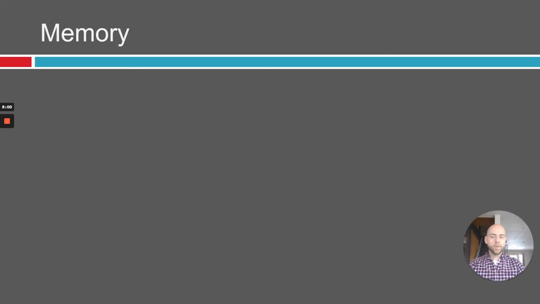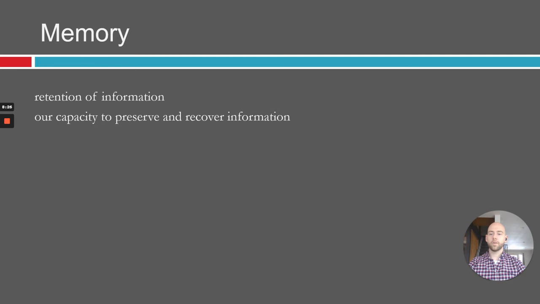So with that, why don't we turn to actually talking about the nuts and bolts of the topic at hand. Let's talk about memory. We can think about a couple different ways we might define memory. And, like usual, there are a lot of ways you can do it. They all have pros and cons. But in general, memory is your retention of information, how you are holding on to the facts and knowledge that you have learned.